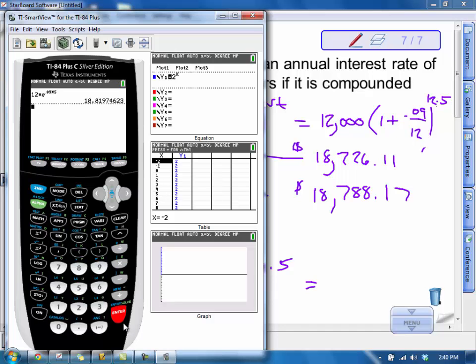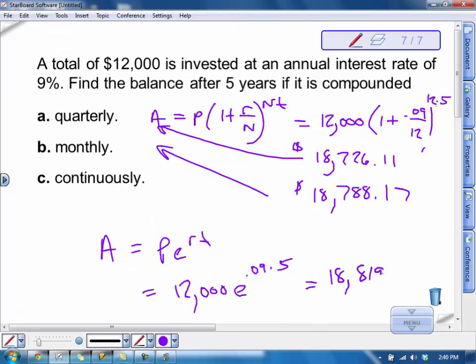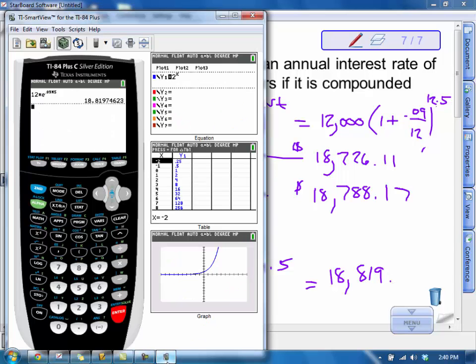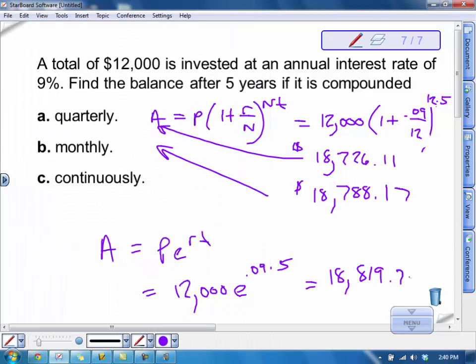Gives you, well, I meant to hit 12,000, so let's move the decimal place over 3. 18,819.75 approximately. I entered it in 12 instead of 12,000, but you get the point.